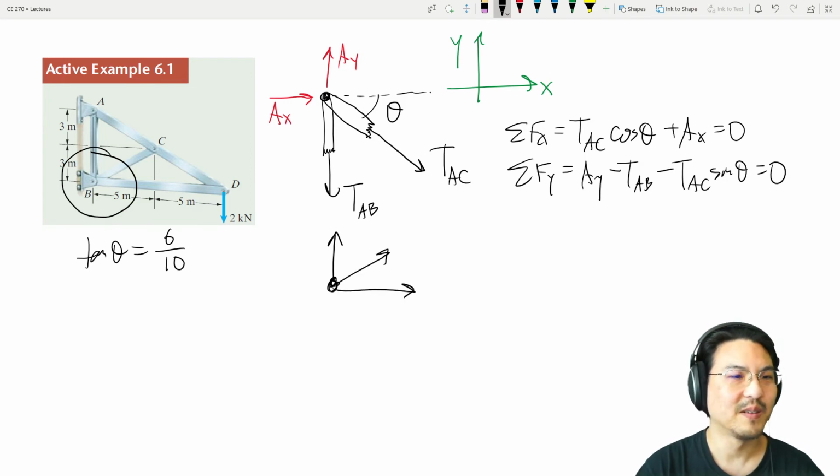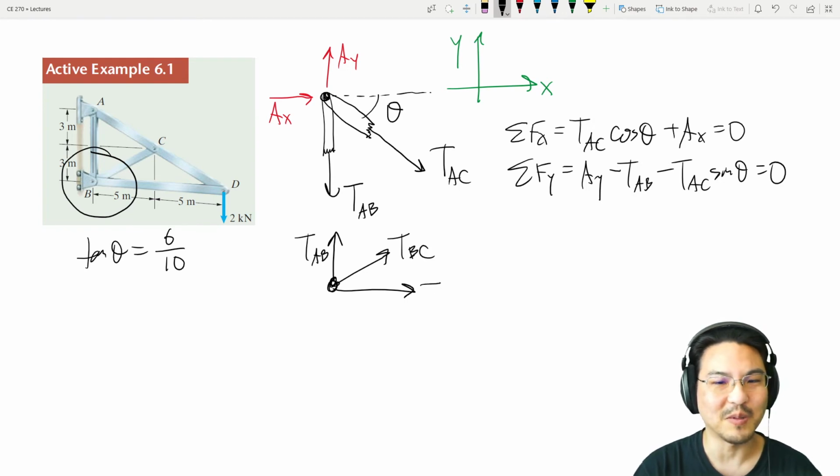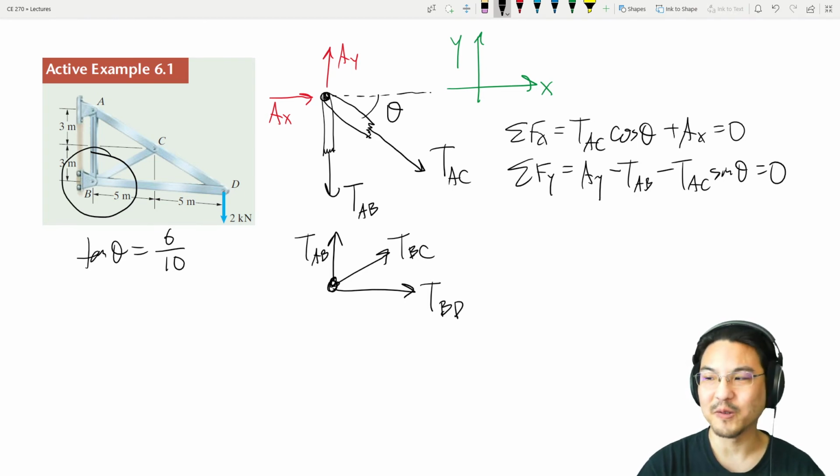The one going up is between joints A and B, the one going at that angle is between joints B and C, and the horizontal one is between joints B and D. I drew all of my arrows going out in tension.